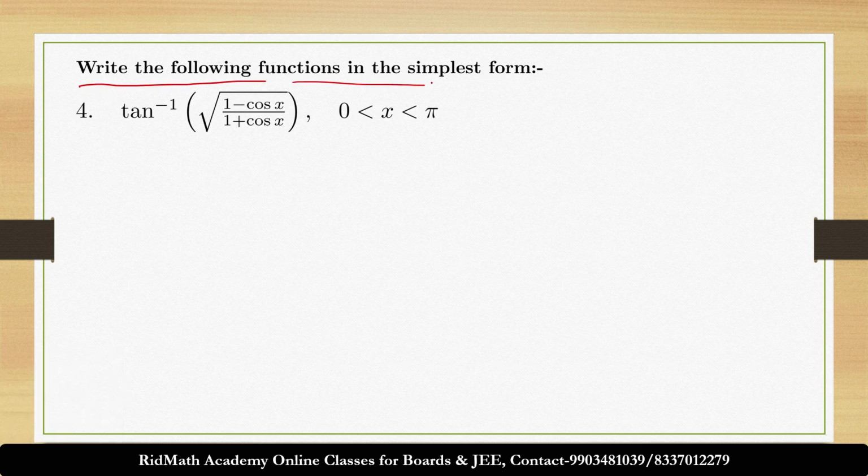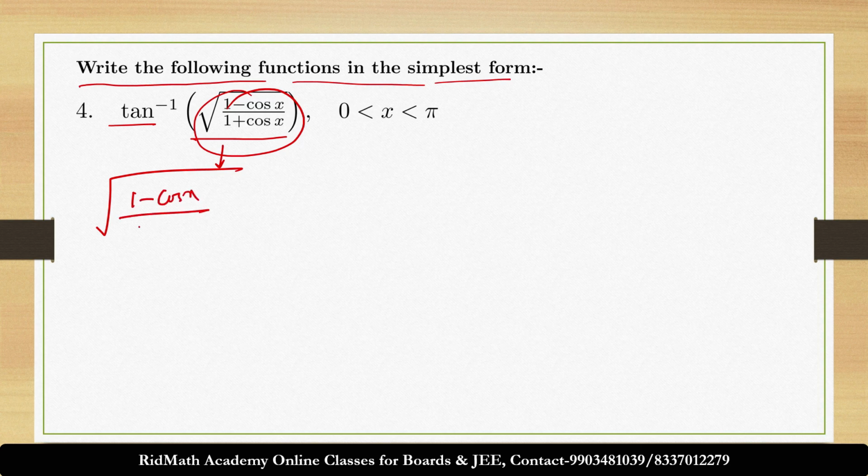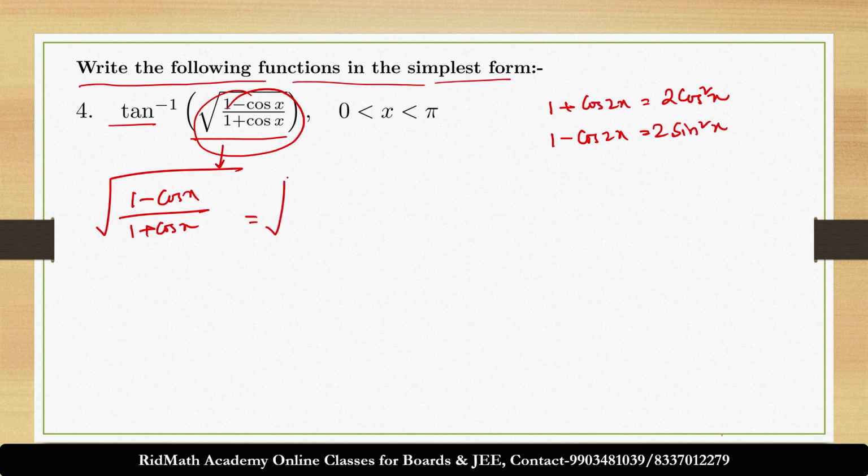Write the following functions in simplest form: tan inverse of root over 1 minus cos x by 1 plus cos x. So we will first solve this quantity. Root over 1 minus cos x divided by 1 plus cos x. And you already know that 1 plus cos 2x equal to 2 cos square x and 1 minus cos 2x equal to 2 sin square x. So this will be 2 sin square x by 2 divided by 2 cos square x by 2.